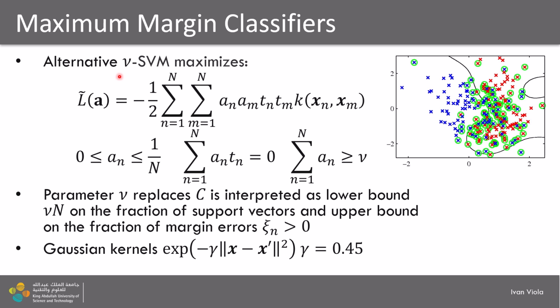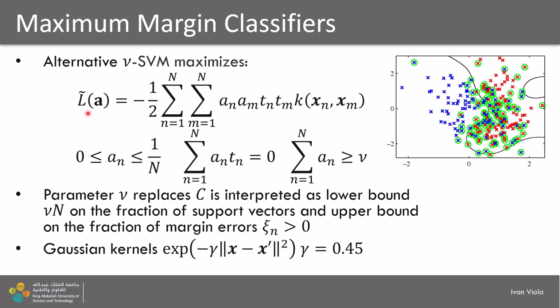As an alternative to the soft margin SVMs, we have the nu-SVMs, which are an alternative and equivalent formulation. This is just to understand that there are many variants.